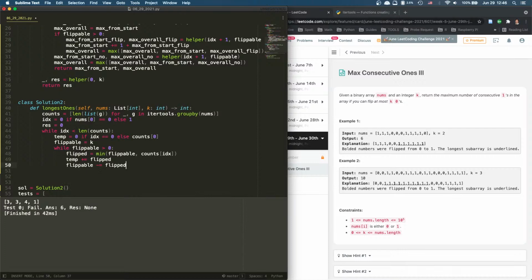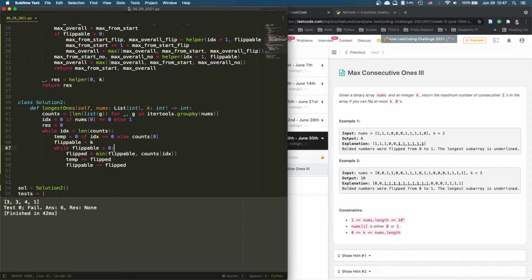And then while flippable is larger than 0, that means after we flipped, we go to the next one.